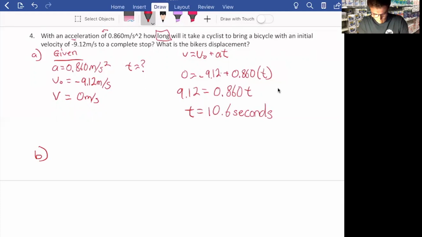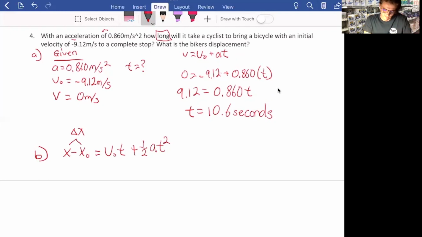So we have this equation right here: x minus x naught equals initial velocity times time plus 1/2 acceleration times time squared. You could also write this as delta x, and delta x is just an easy way of saying displacement.